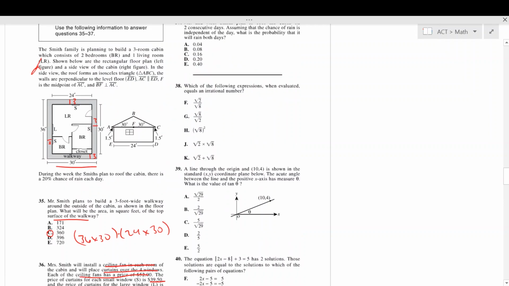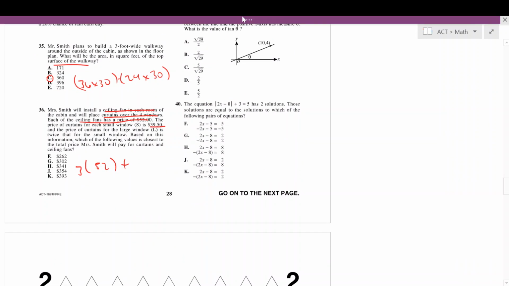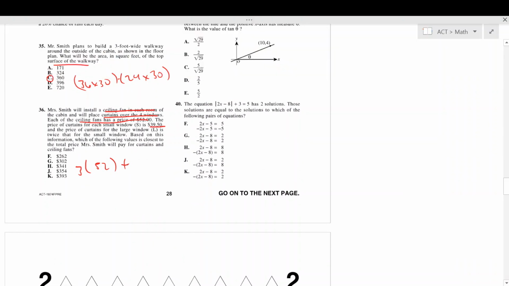There are 1, 2, 3 small windows, so 3 small curtains, and 1 large window, so 1 large curtain. Right. So plus 3 small curtains, and then the price for each small curtain is 39.5.